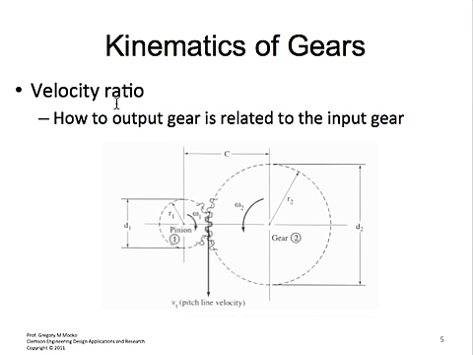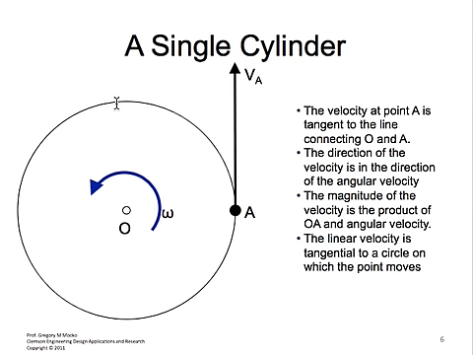Velocity ratio is how we define gears and gear trains, and I will go through the derivation of velocity ratio, ultimately leading to the fundamental law of gears. So if we look at a circle and we take a point along the circumference of that circle, and we connect the center point around which that circle rotates to this point A, the velocity of that point A is going to be tangential to the line connecting OA.